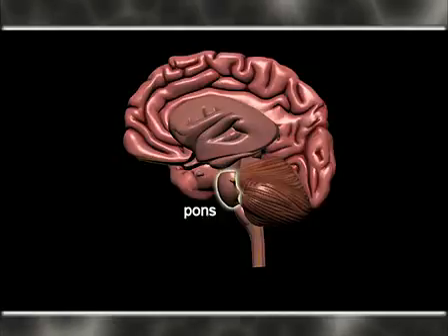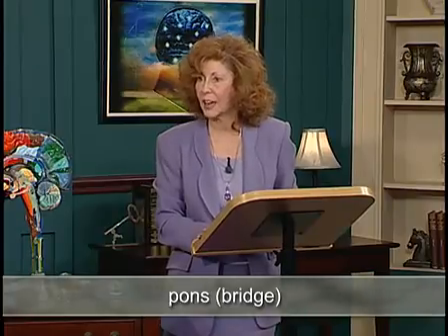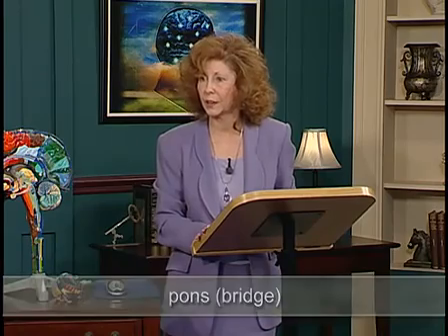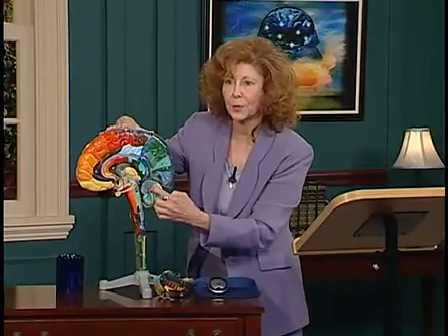Now, to help you remember these terms, because some of them at least aren't terms that you've heard before, the term pons means bridge. And so you can remember a major function of this area of the brain, because what the pons does is connect the cerebellum to the rest of the brain.